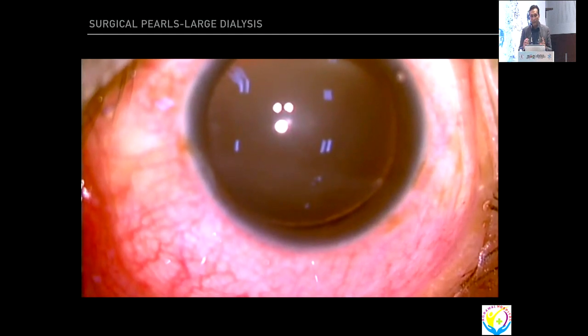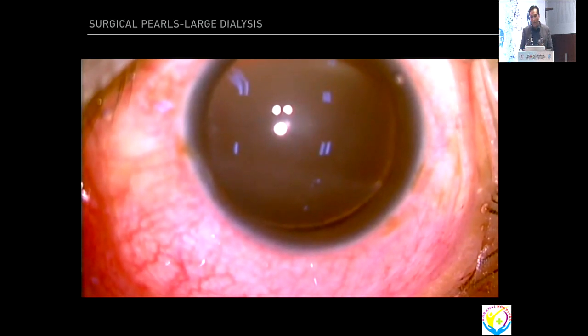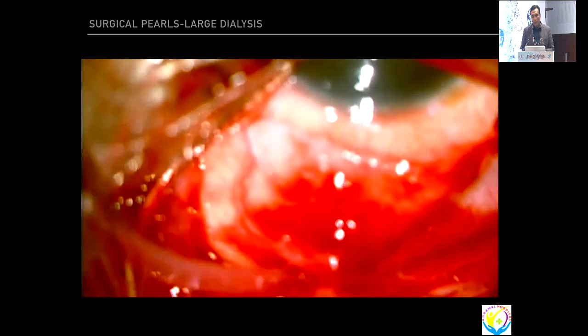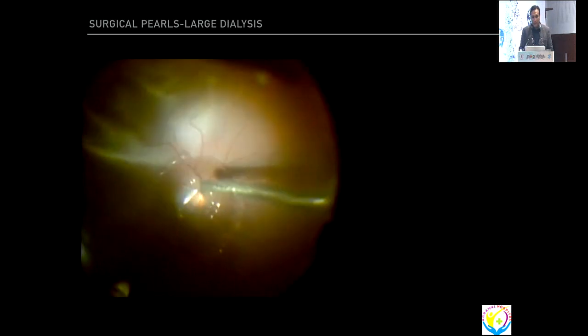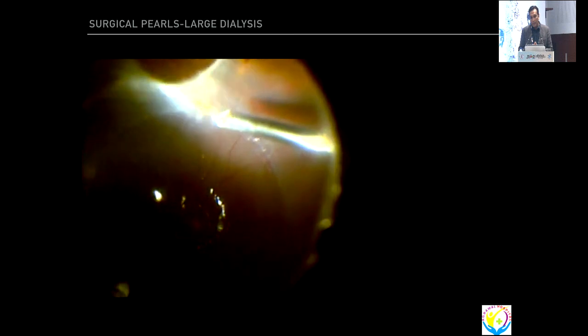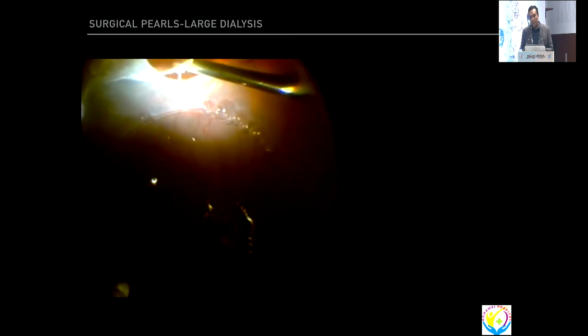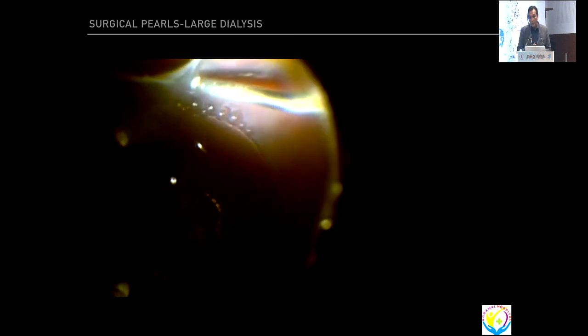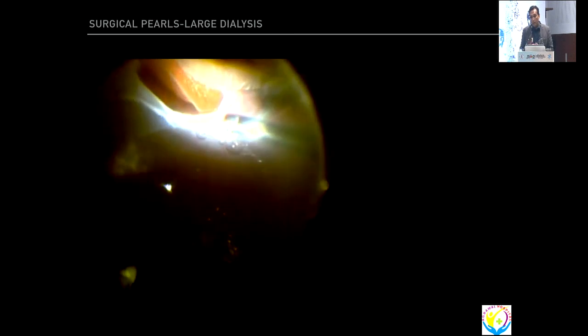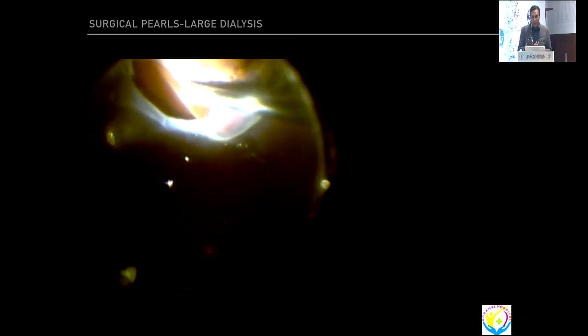Coming to the common cases associated with pediatric detachments, of course, traumatic is the most common, and dialysis. Of course, the first choice again is scleral buckling, but there are some cases where there is old, large dialysis with everted edges where scleral buckling will not work, although you have to augment it with the encerclage.